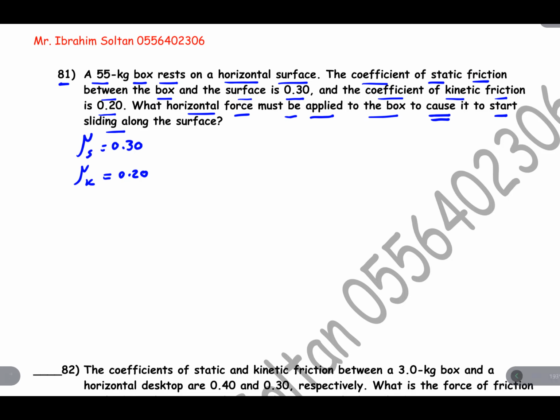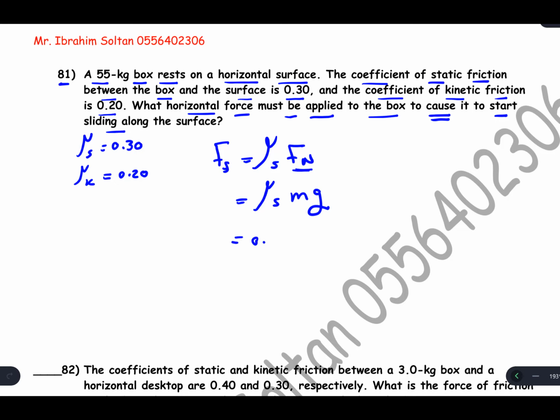Cause it to start sliding means you need to calculate the force that overcomes the static friction. So F equals mu static times Fn. So mu s and the normal force equals mg.